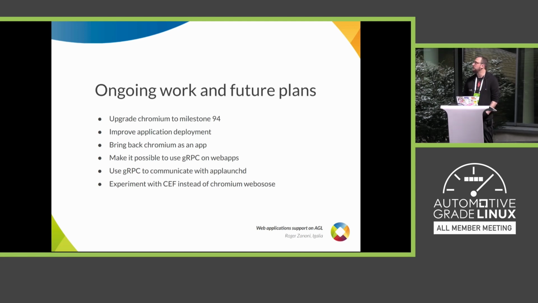We are planning to make it easier, like adding bundled applications again. We need to bring back Chromium as an application in the new images. It's not working because, if I'm not mistaken, it wasn't ready to work with UpLaunchD.